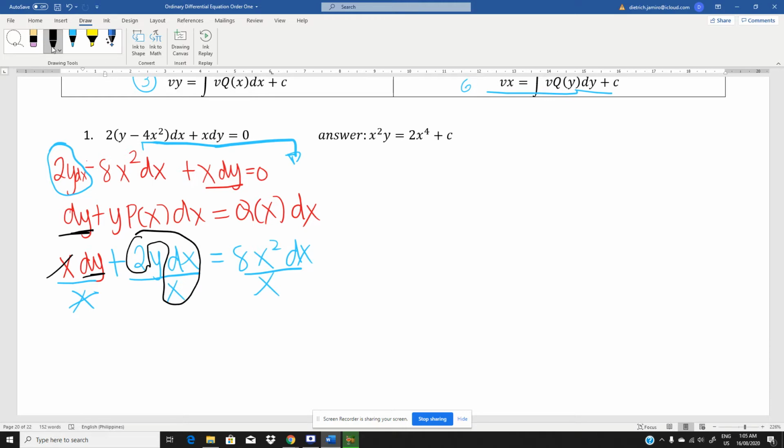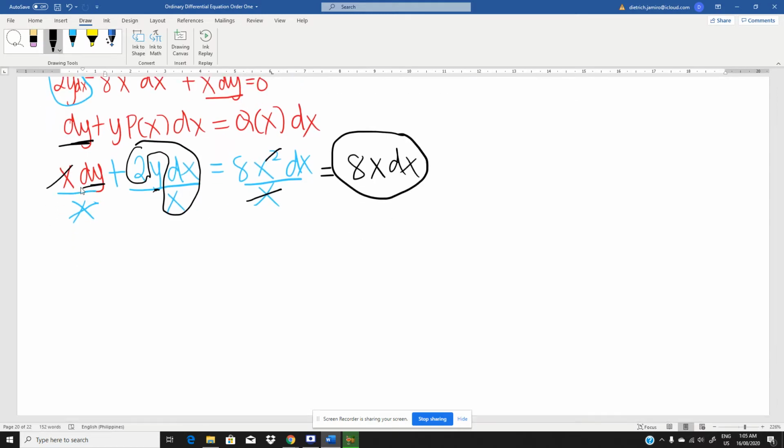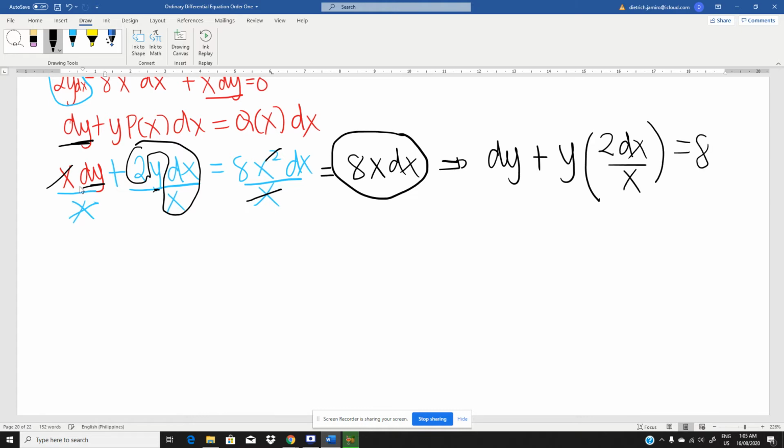And on the right side, this will cancel out, so it is equal to 8x dx, which is our q of x dx. It turned out that our equation will become dy plus y times the quantity 2 dx over x is equal to 8x dx.